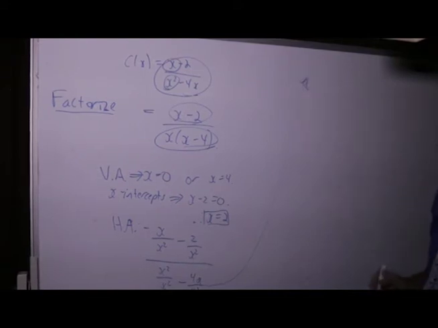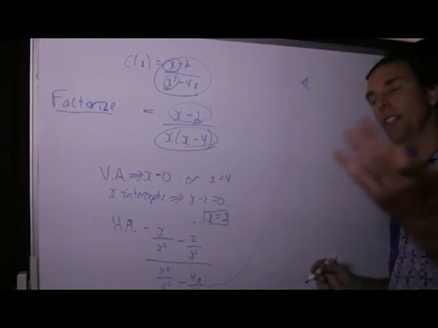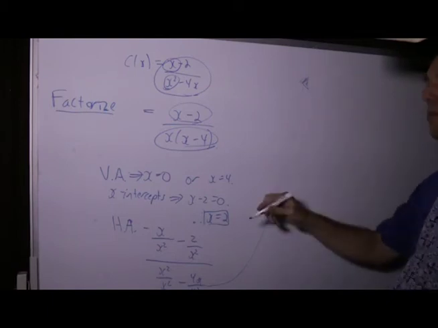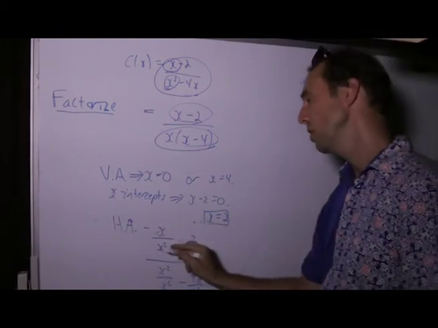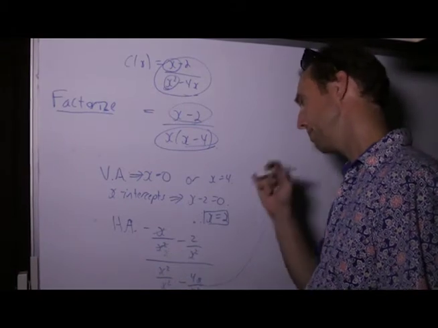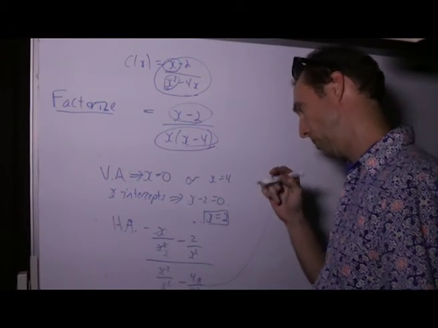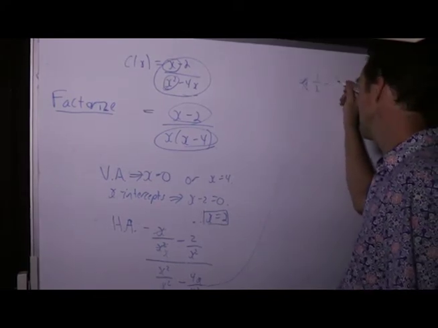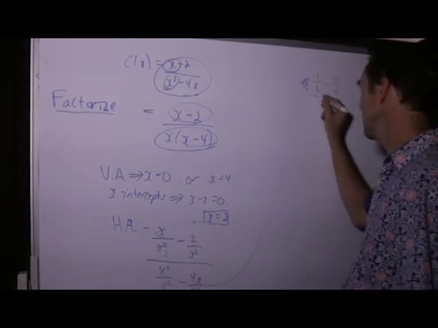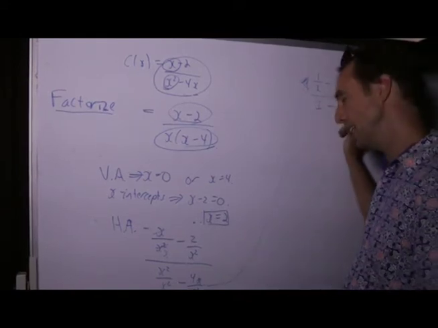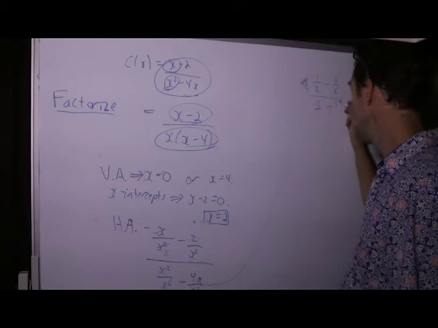You imagine that's a huge, massive number. So on the top we have x divided by x squared, which gives us 1 over x, minus 2 over x squared. On the bottom we will get 1 minus 4 over x.